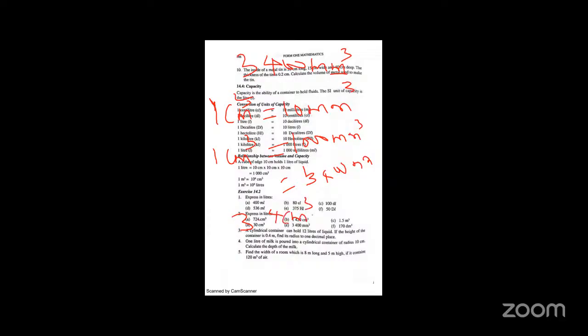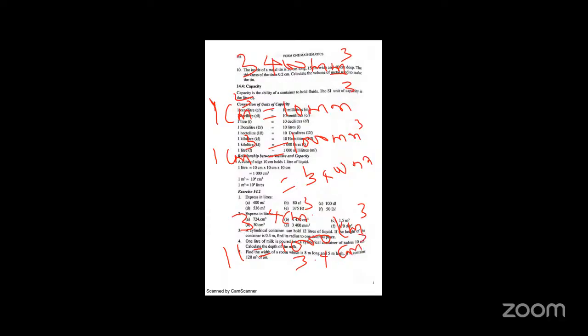centimeters cubic. Then from there, we can use this unit here, which is 1 liter is equivalent to 1,000 centimeters cubic. How about 3.4 centimeters cubic?